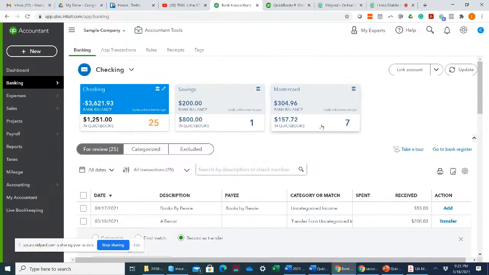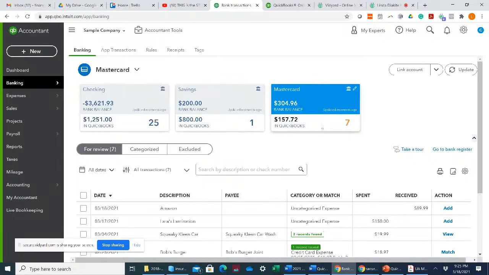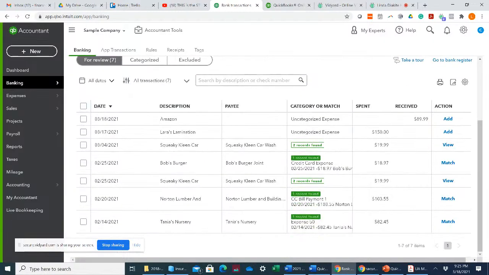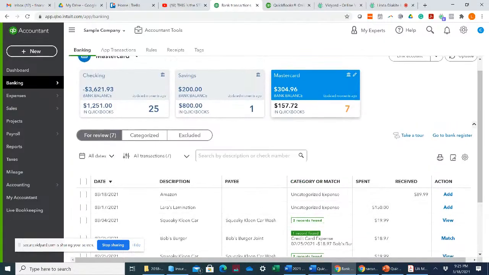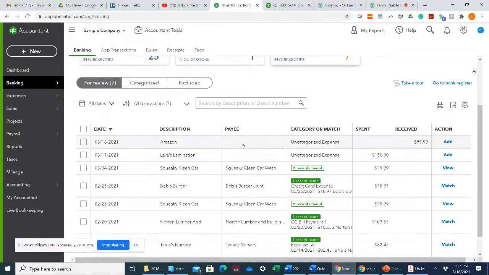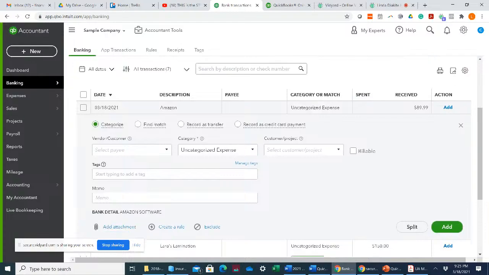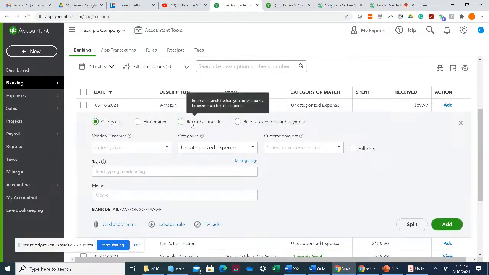So for instance, with the credit card, let's go over to the credit card account and see if we can find, well, they don't have a payment here. But say for instance this was a payment and they made it with a checking account. So actually here you can select record as credit card payment, but I do know that some people did not have this in their QuickBooks.